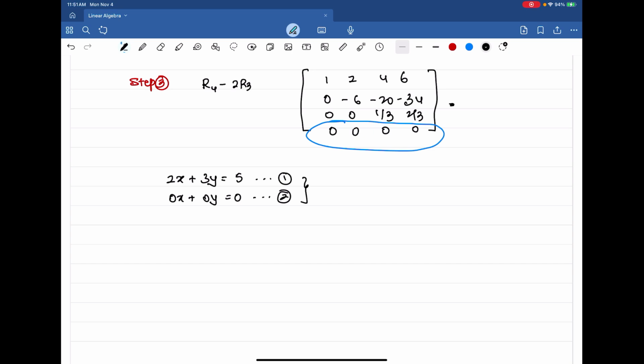Because the only valid equation is 2x plus 3y is equal to 5, which says that 2x is equal to 5 minus 3y. Agreed? Then we can choose any value of x and any value of y so that 2x plus 3y becomes 5.